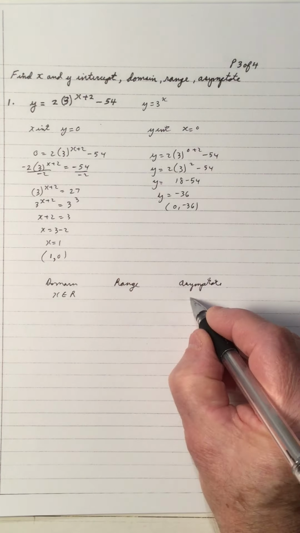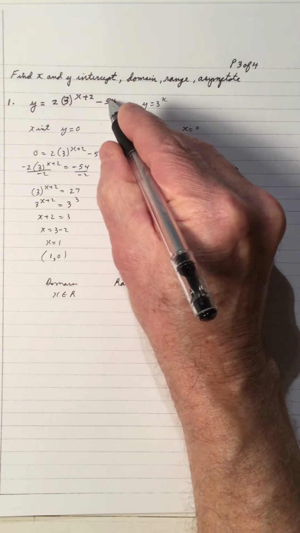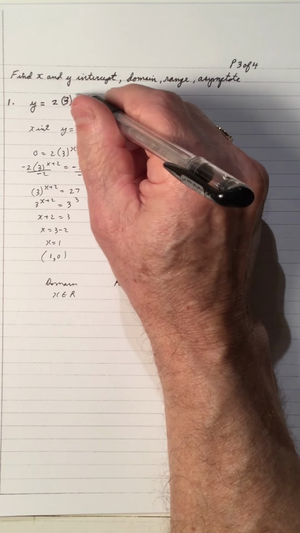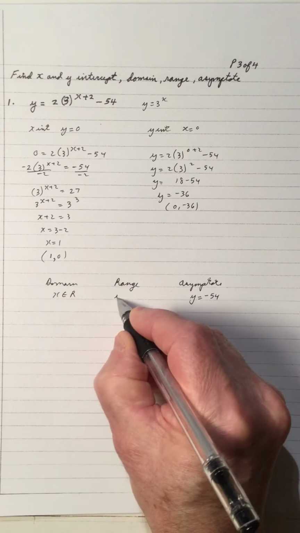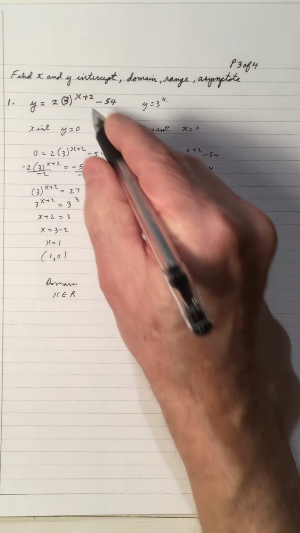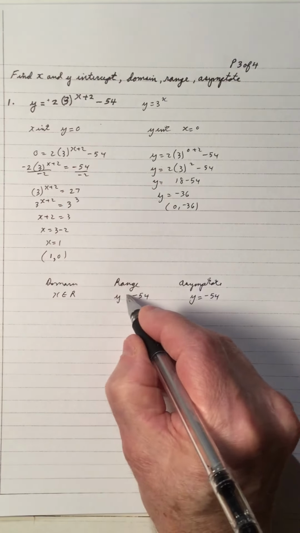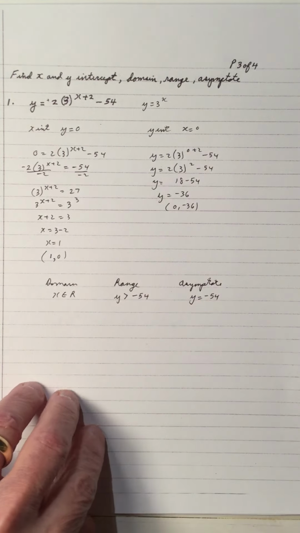So the asymptote is y equals negative 54. It's always the number on the end when it's solved for y. And the range is in terms of the asymptote, y equals negative 54. Notice this is a growth curve, so the y values are going up, so the range is y is greater than negative 54.